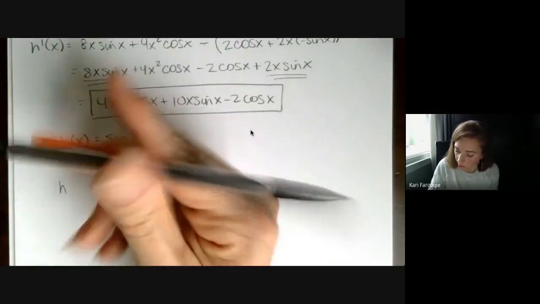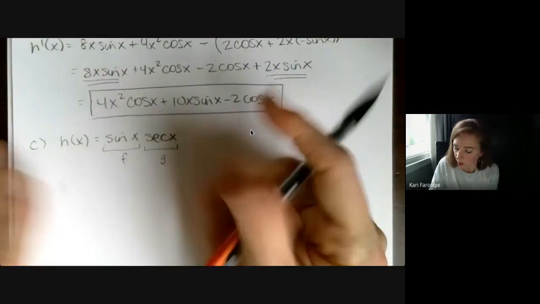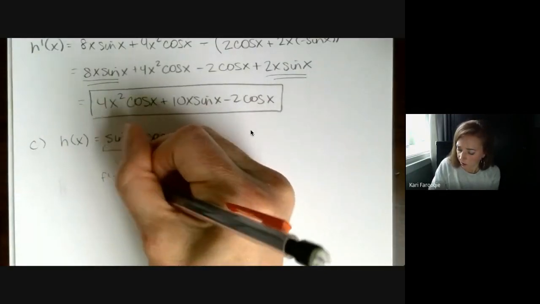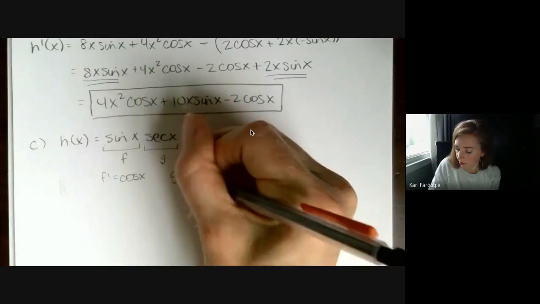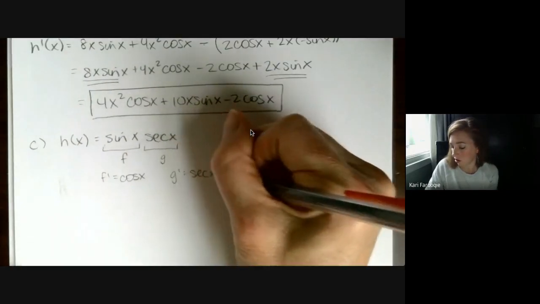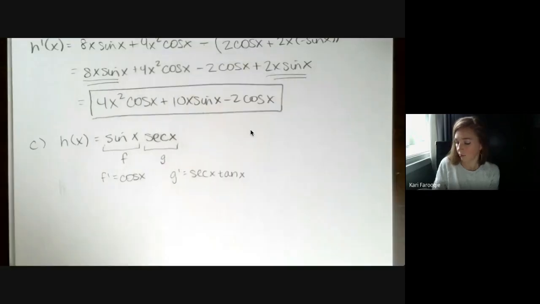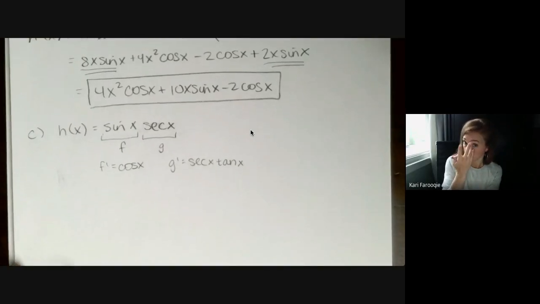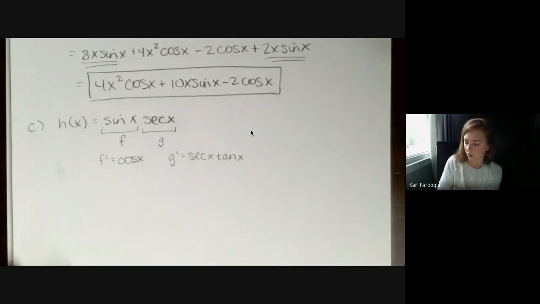We need to go ahead and write our derivatives down. So f prime, the derivative of sine x, is cosine x, and g prime, the derivative of the secant of x, is secant x times tangent x. And we'll see what happens here.